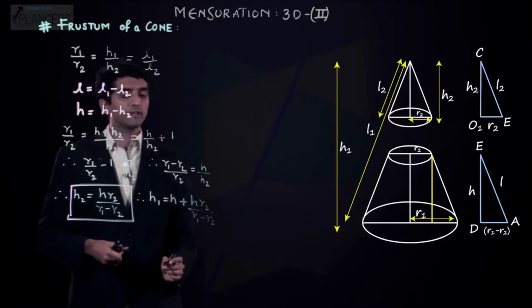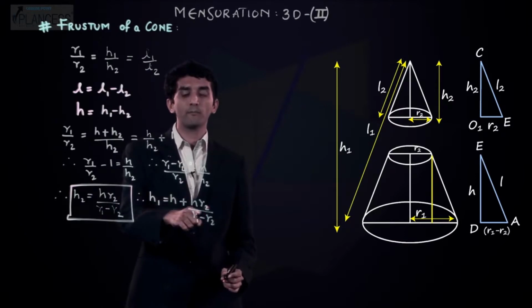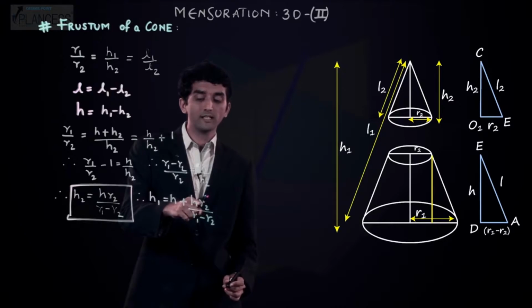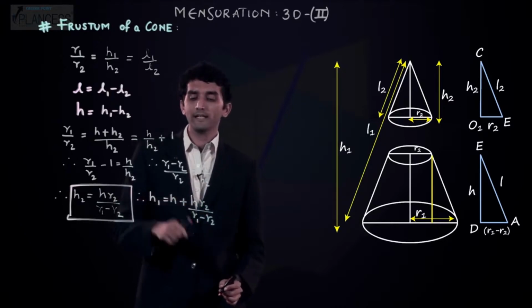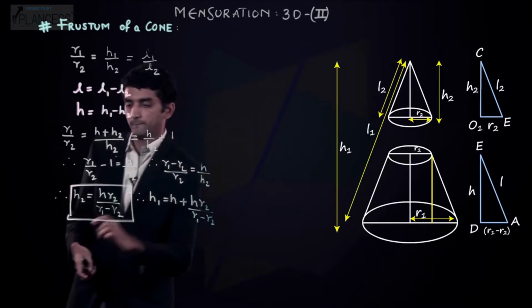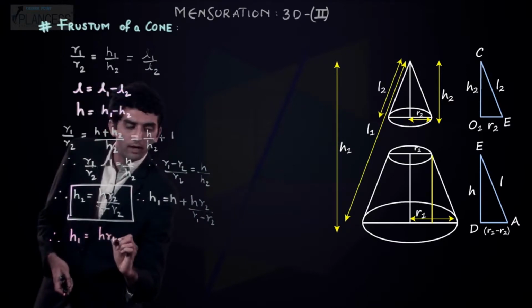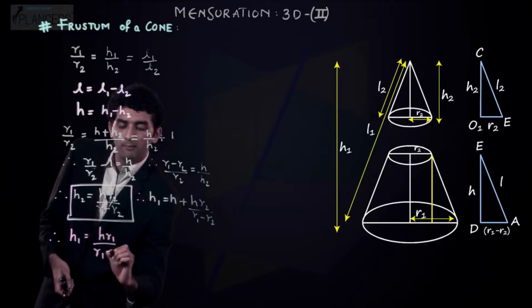So further solving this, you are going to get HR1 minus HR2. That minus HR2 is going to get cancelled with HR2 here, and you are going to get H1 as HR1 upon R1 minus R2.